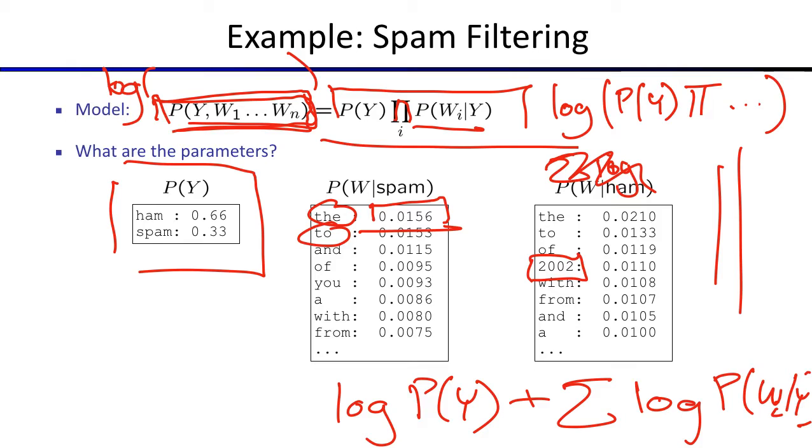These two things are equal. And so what that means is that we've gone from multiplying together a bunch of tiny numbers to adding together a bunch of medium-sized negative numbers. And so this is going to have much better numerical behavior, and this is the way we actually implement these things in practice, and you're going to see that.